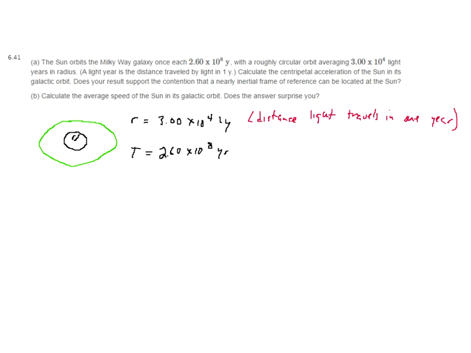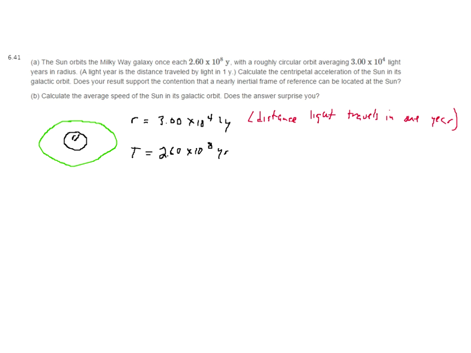So let me get my notes closer to me here. All right, so part A, calculate the centripetal acceleration of the sun in its galactic orbit.